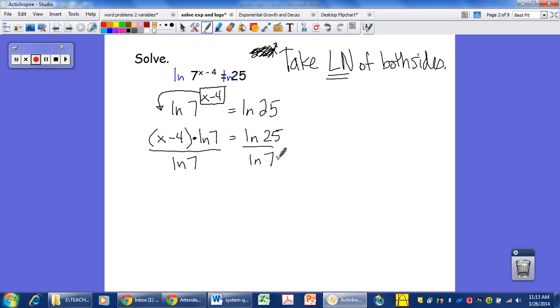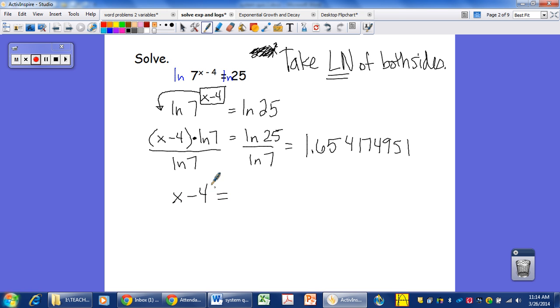Sorry you can't see this, but I'm typing in the natural log of 25 divided by the natural log of 7. That gives me the decimal 1.654174951. And we will carry all these decimals through for now, but in a minute we're going to round a little bit.